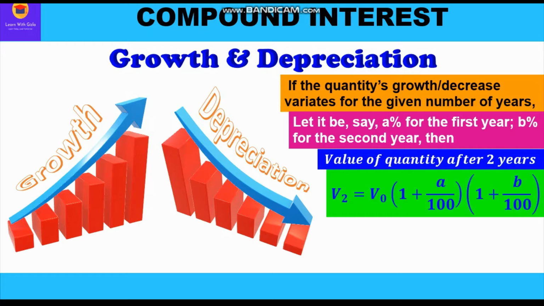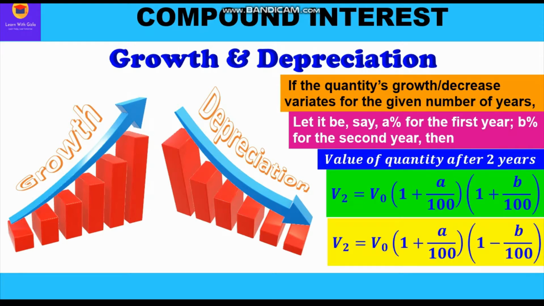Now suppose we take an example where in the first year there is a growth or an increase in the value, whereas in the second year there was a decrease in the value. So accordingly the formula will change and we will have a plus sign in the first year and a minus sign in the second year. So the formula becomes V2 is equal to V0 in bracket 1 plus A upon 100 into 1 minus B upon 100.